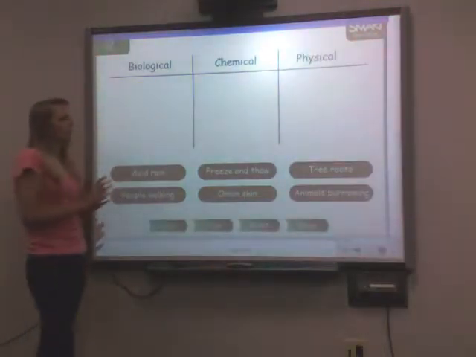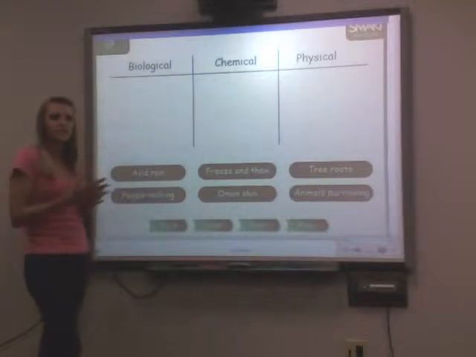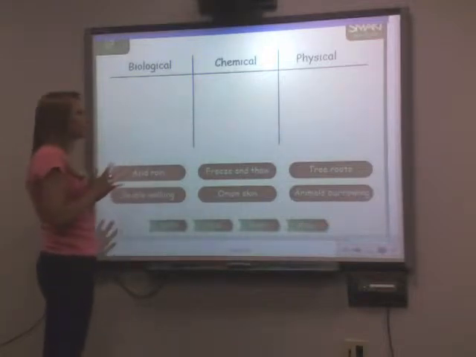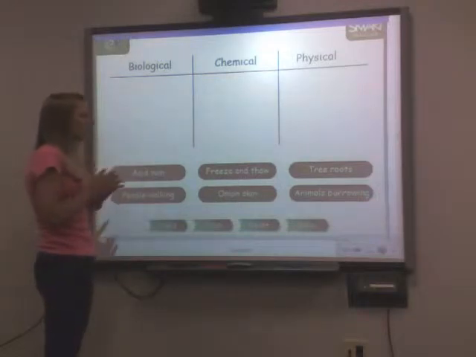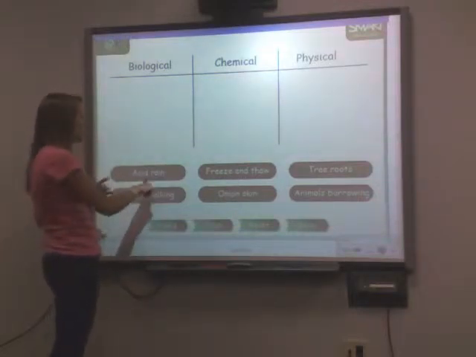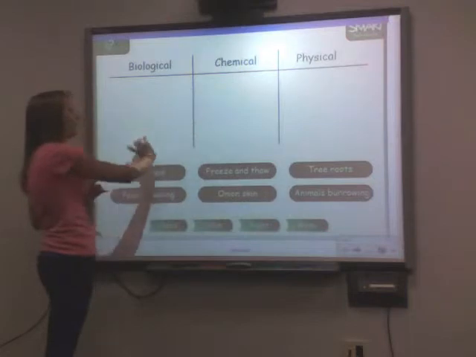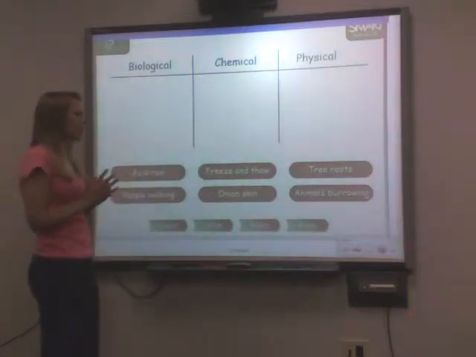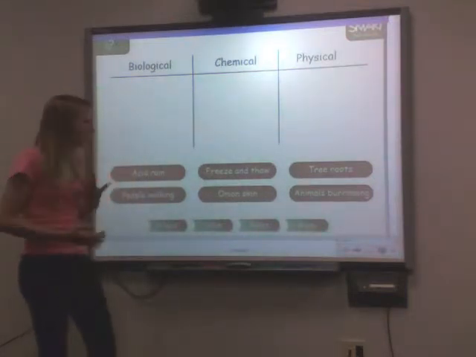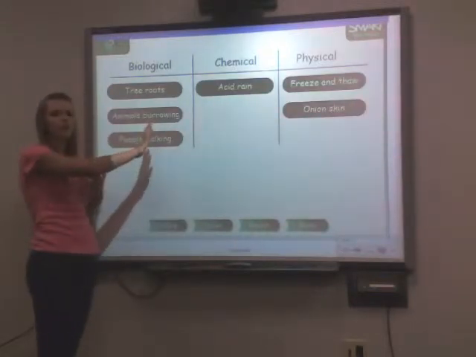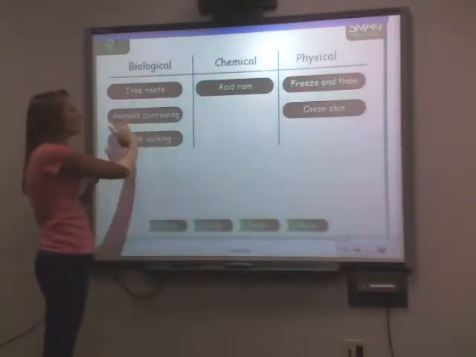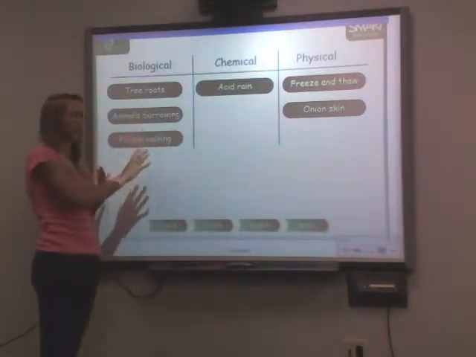So the neat thing about this tool is that it includes activities after the run-through. This particular activity is neat because students can come up and sort these into the proper categories based off of what they just learned. If the teacher is running a little short on time, they have the option of just clicking solve, and they automatically go to their categories, and the teacher can just point out why they're in each category.